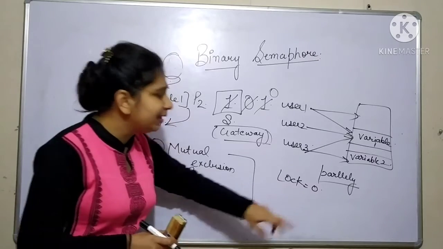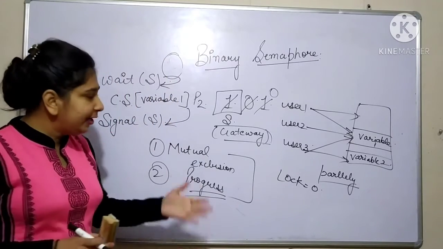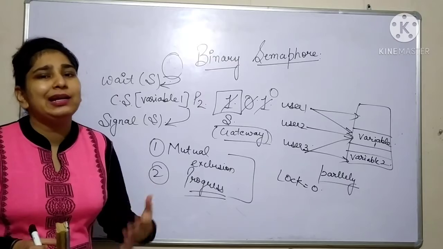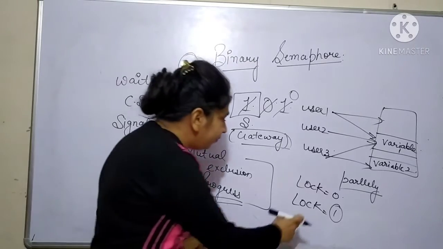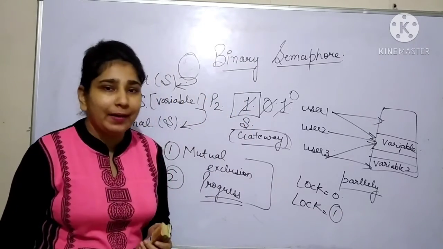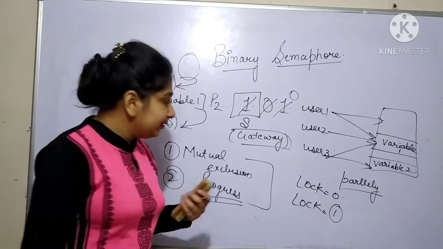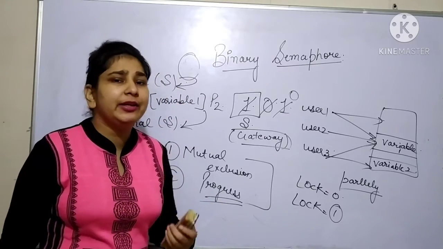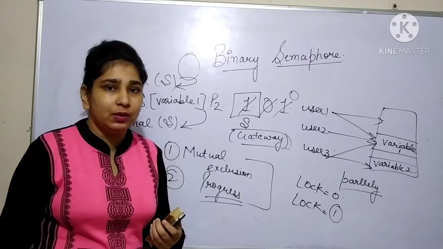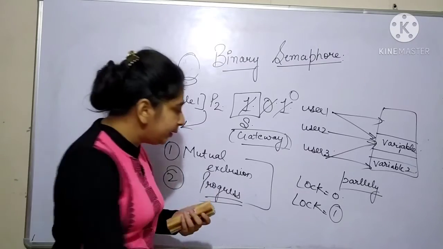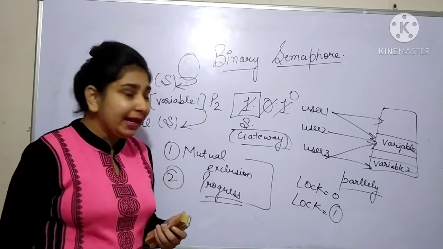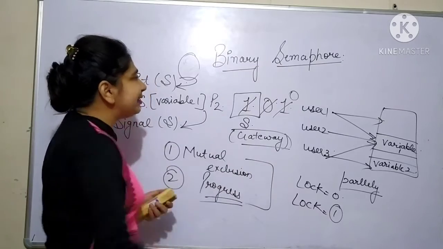Lock 0 means there is no lock and your process can enter into the critical section. If we have lock variable value 1, that means now you cannot enter into the critical section because you have applied lock. But what happens in binary semaphore?